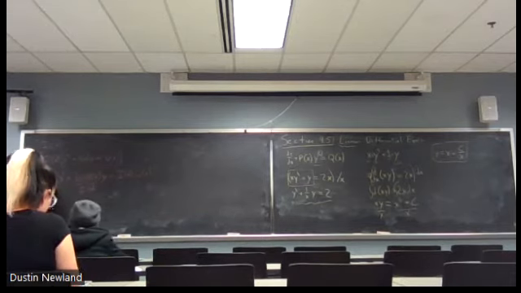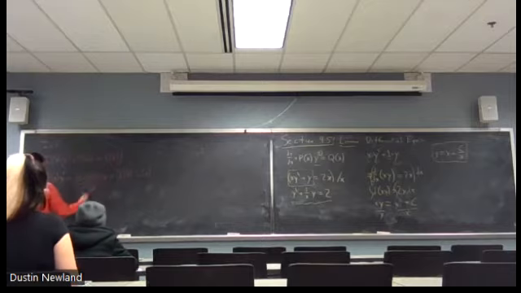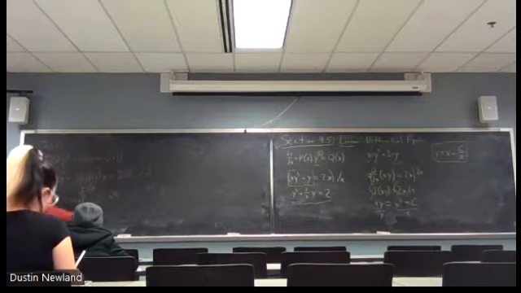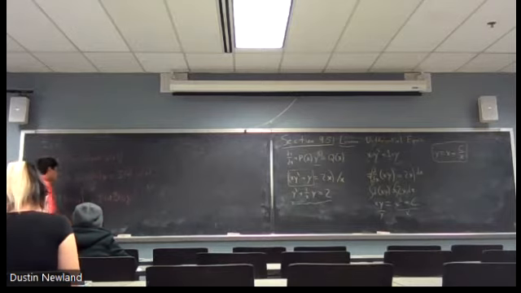So then if I have I of x times y prime plus I prime of x times y, this is a product rule, so this whole side becomes the derivative of I of x times y. And this is going to be equal to I of x times q of x, right?